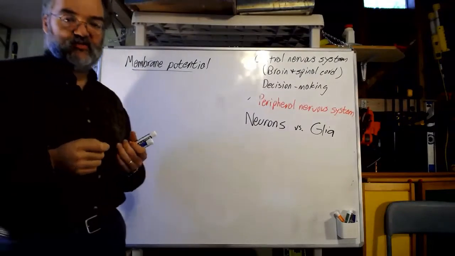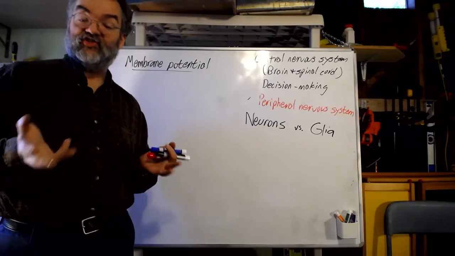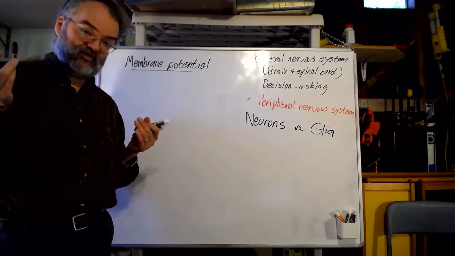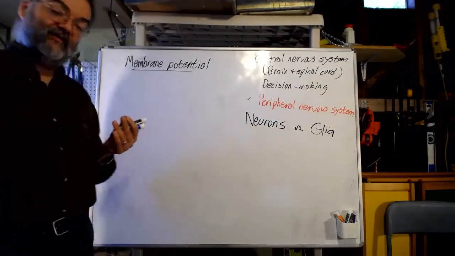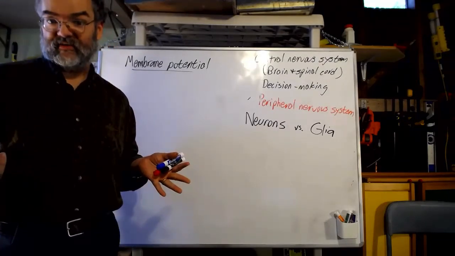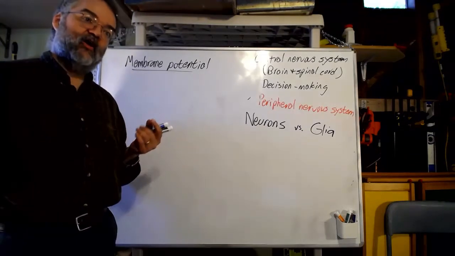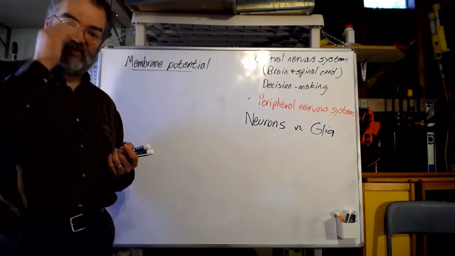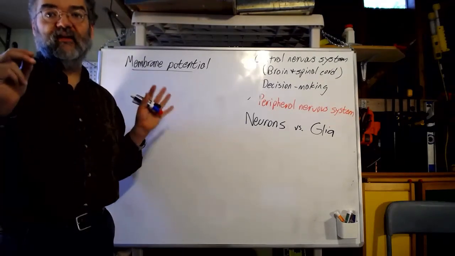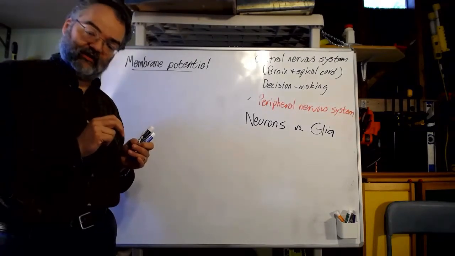In the previous lectures, we talked about what it was and the idea that allowing ions to cross a membrane can change the membrane potential. So membrane potential in general is the difference in charge between the inside and the outside of a cell. And if I let ions cross the membrane, that changes that difference in charge, which means it changes the membrane potential. We talked a little about how membrane potential is usually measured in millivolts, how for every ion that can cross a membrane, you can figure out what its equilibrium potential is, and then when you open a channel for an ion, the membrane potential tends to move toward that ion's equilibrium potential.